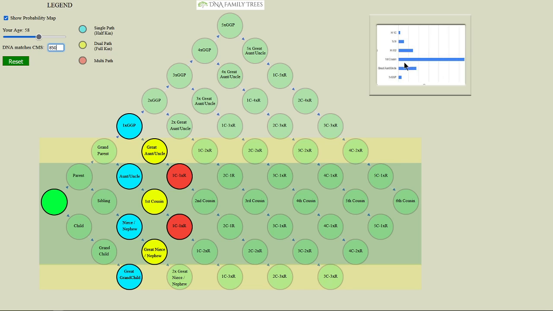But for it to be a great aunt or uncle, it's going to be 1-2 generations above me. If I'm almost 60, that's putting them 40 to 50 years older than me. That means they're going to be 100 to 110 years old. Again, I don't think that that's the case. If it is, when they pass away in a couple of years, they're going to be on television as the oldest living human at 112 years old. Now, while they may indeed be 112 years old, they also have to be related to me through that kinship.